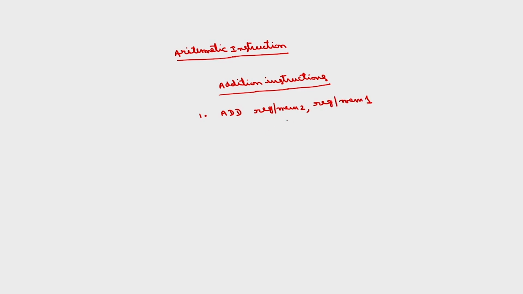So we can add the contents of register/memory 1 plus the contents of register/memory 2, and the result will be stored back in register/memory 2. This is the internal operation.